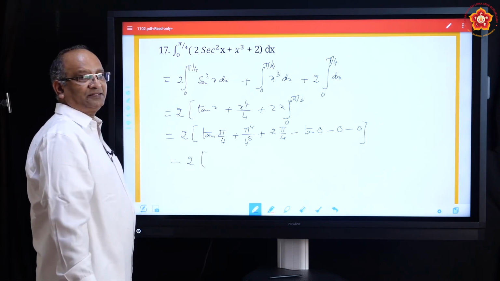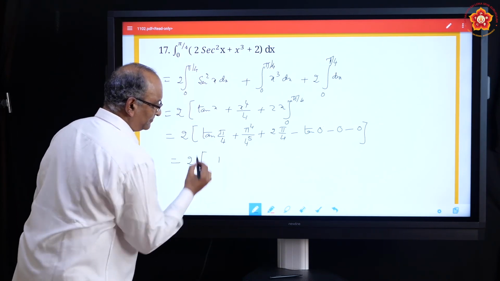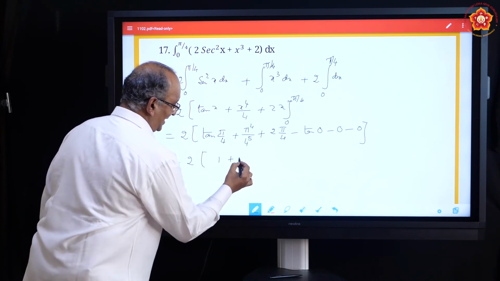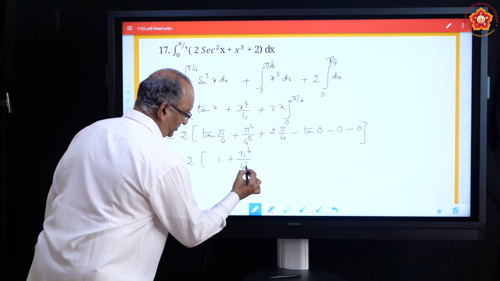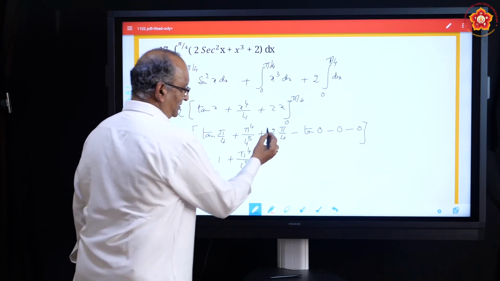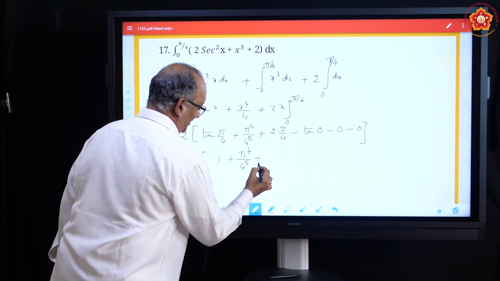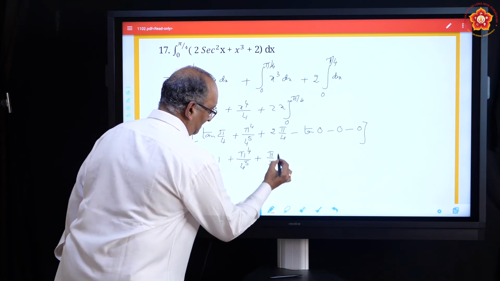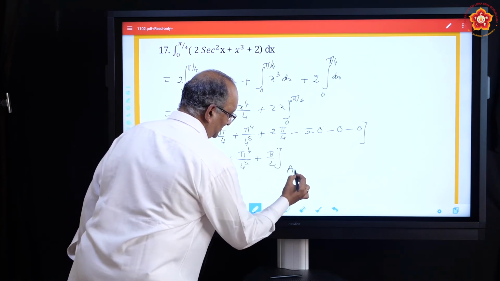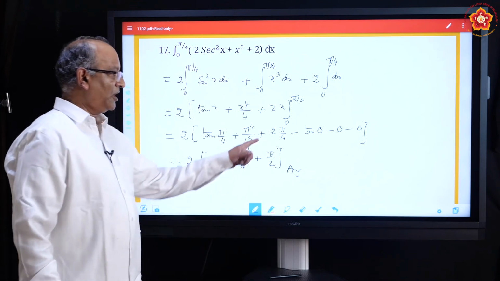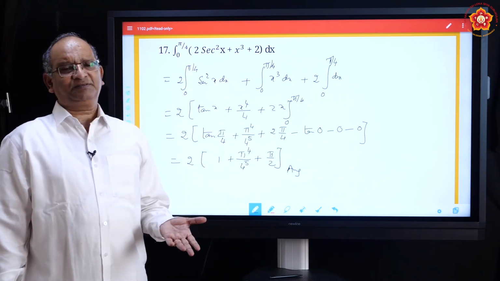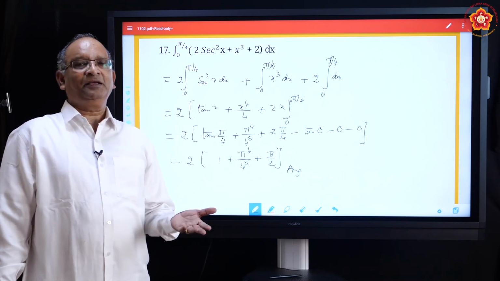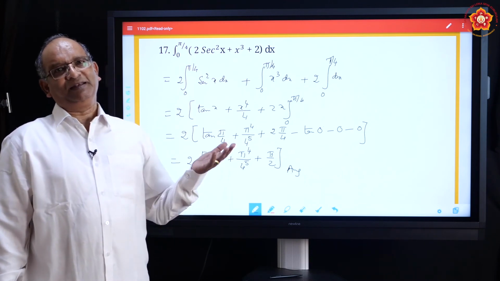Tan 45 degrees, 1. Plus this remains as it is. If you want, you can simplify 4 to the power 5 or leave it like that. These two will get cancelled and you will have pi by 2. This is the answer. Because all other things are 0. So very simple functions, as I mentioned time and again, is more like a revision of what you learnt.